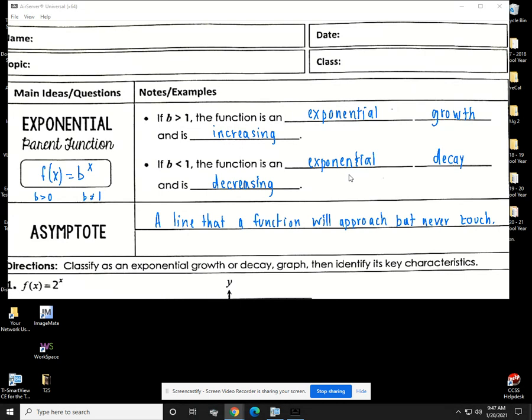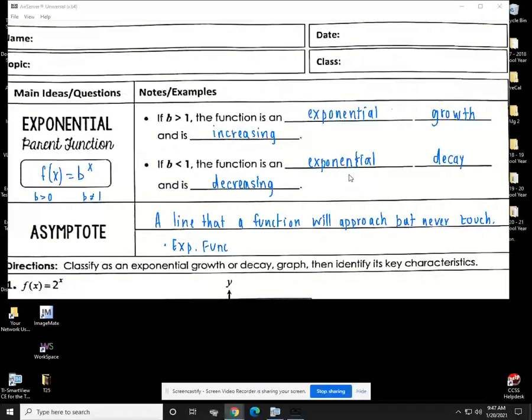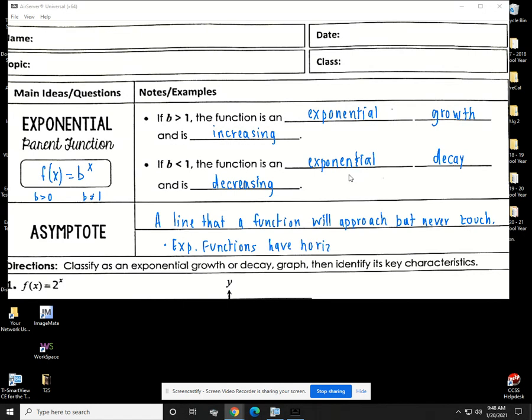We don't generally draw the horizontal asymptote that we're going to have, and I just kind of gave away the next thing I'm going to tell you, but we just know where it's at, okay? But that's the second thing. When it comes to exponential functions, they have horizontal asymptotes. Exponential functions have horizontal asymptotes. So I want you to write one more thing.